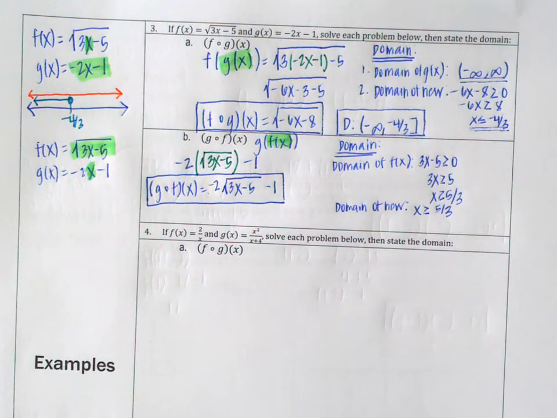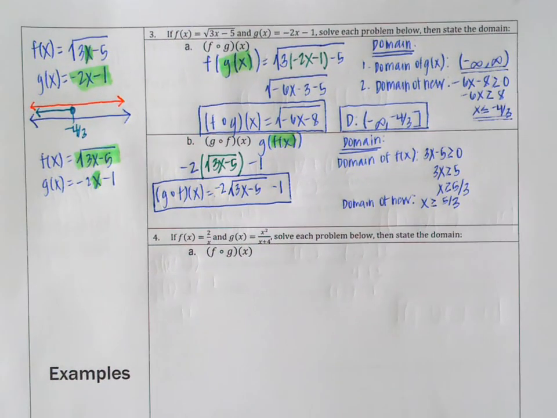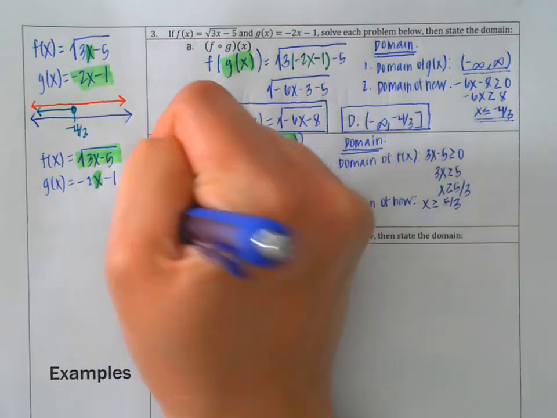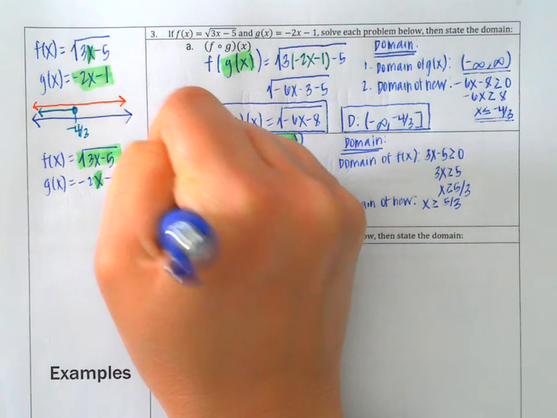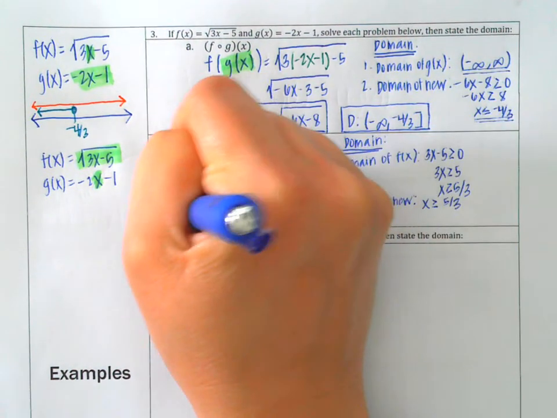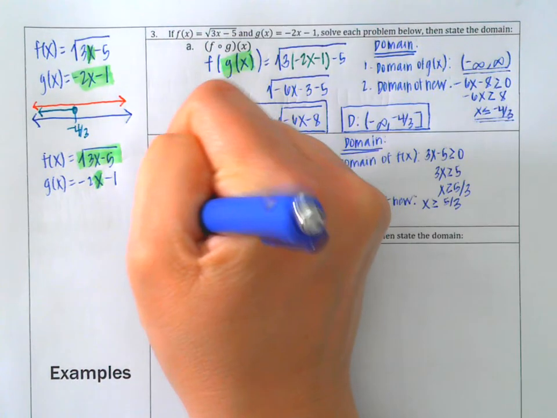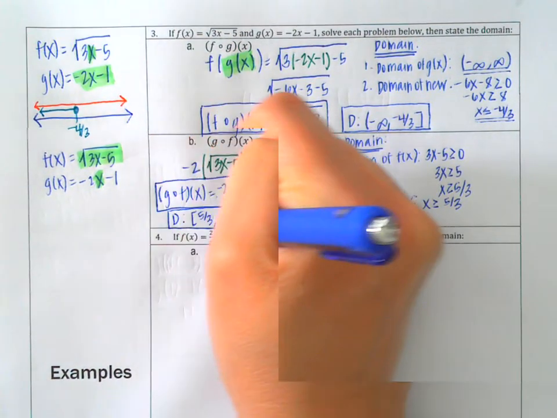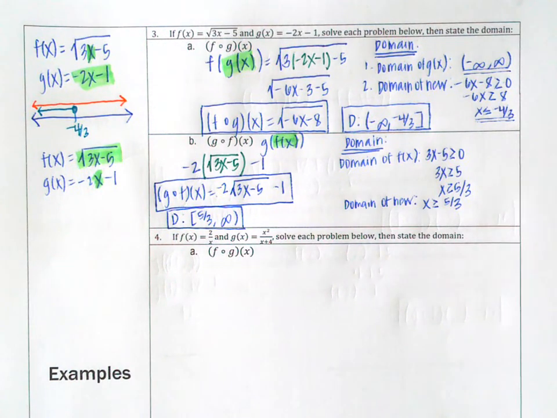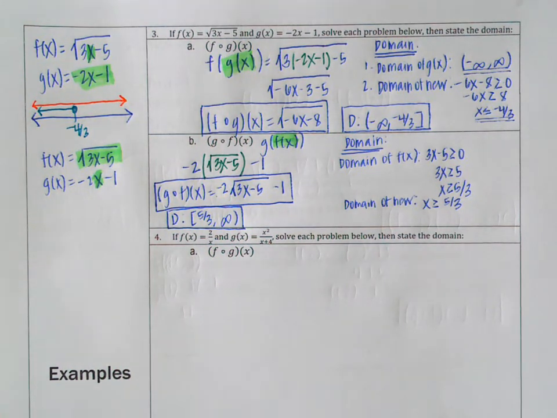And so my domain for the composite function is just x greater than or equal to 5/3. I'm going to write that here. So that would be 5/3 to infinity. Okay, so that is it for 3. We're going to move on to 4, the last one, and then go from there.